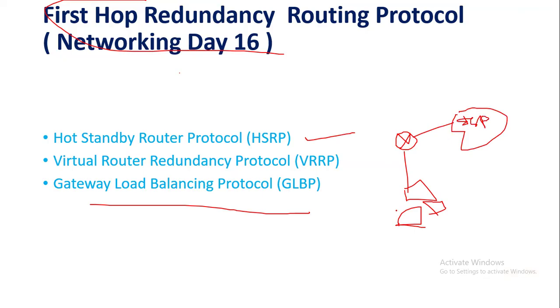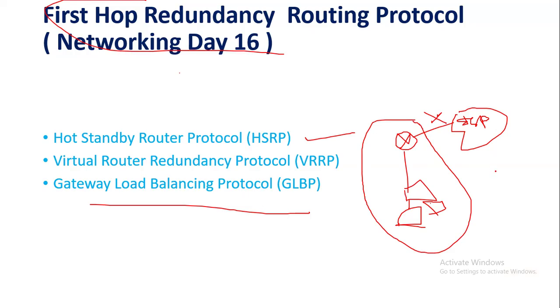And if I have one ISP and the users are continuously working on this, what will happen if this ISP goes down? Then the entire network will be down. There is no redundancy. That means there is no backup, and that's why we use these protocols: HSRP, VRRP, and GLBP.